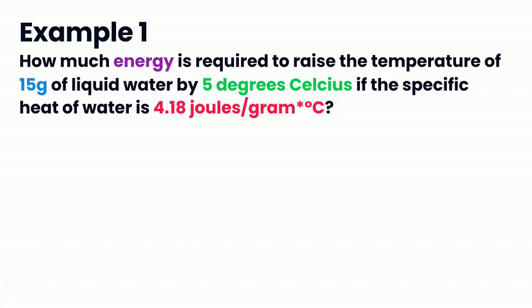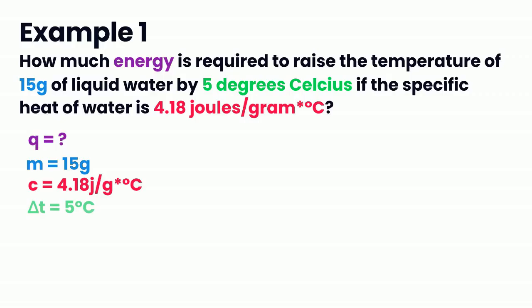First, we're going to write down the values that we know and the values that we don't know. I don't know the energy, so that's what I'm looking for. I'm going to put a question mark here. I do know my mass, which is 15 grams, C, which is 4.18 joules per gram degrees Celsius, and delta T, which is 5 degrees Celsius.